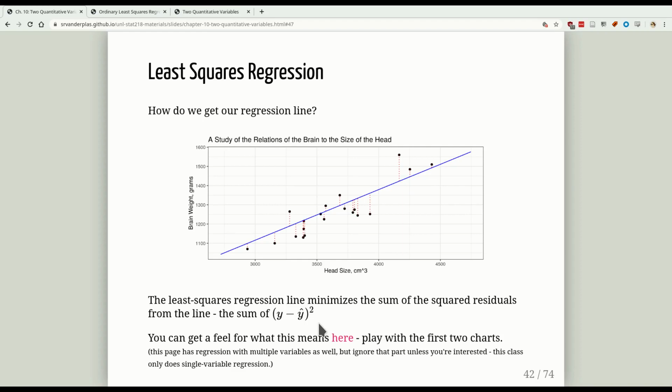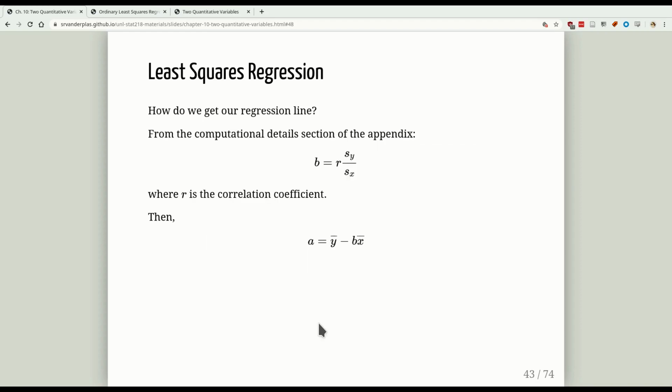Okay? Now, in terms of calculation details, if we want to get the slope, we take the correlation coefficient, R, and multiply that by the variability in Y divided by the variability in X. So this is just the standard deviation in Y over the standard deviation in X. And once we have our slope, we can get our intercept by taking the mean of y and subtracting off the mean of x times the slope.